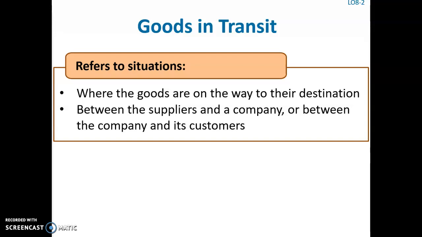Remember that ownership of inventory transfers from the seller to the buyer when the goods physically reach the spot designated by the freight terms. FOB shipping point means that ownership transfers to the buyer when the seller ships the goods. FOB destination means that ownership transfers to the buyer when the goods arrive at the buyer's location.